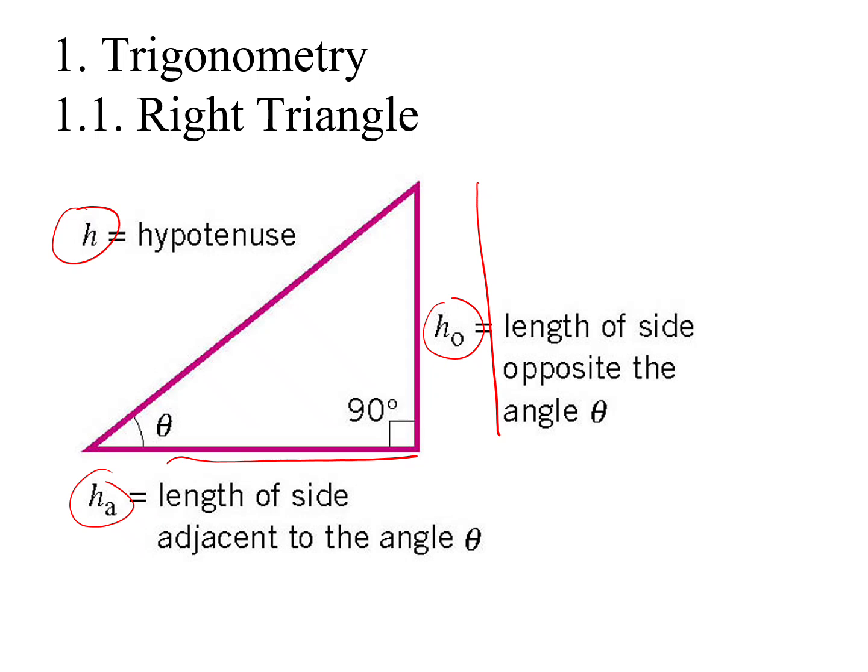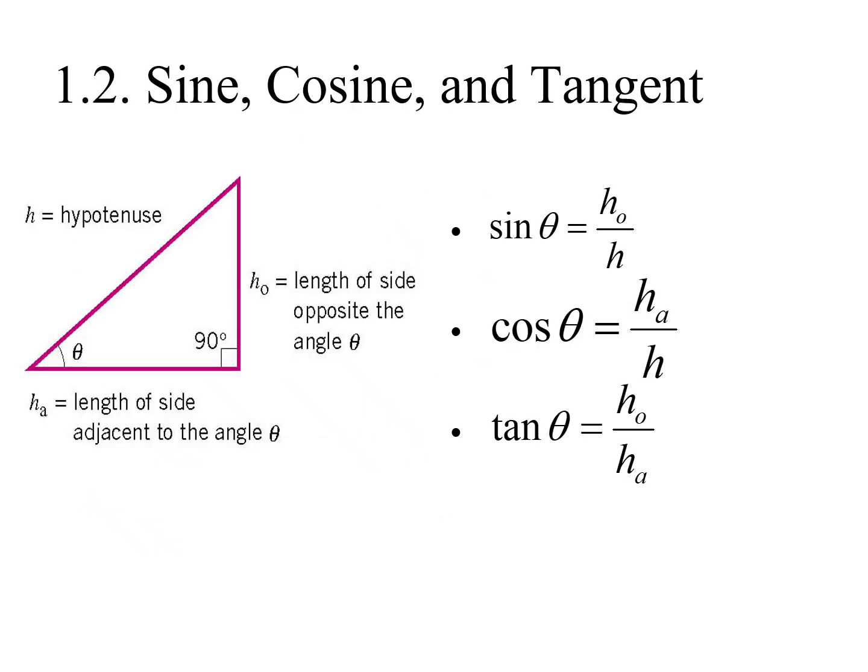Once we know the sides, we can define sine, cosine, and tangent. For a right triangle, sine, cosine, and tangent compare different sides of the triangle. Sine of the angle is opposite over hypotenuse, and we can indicate it as sine theta equals length of opposite divided by length of hypotenuse.